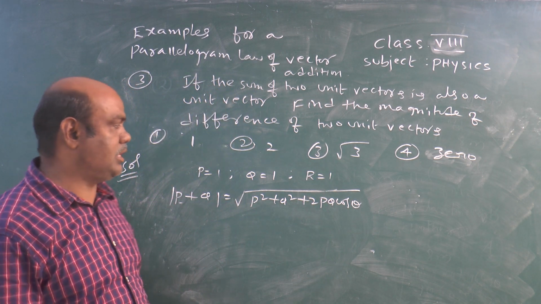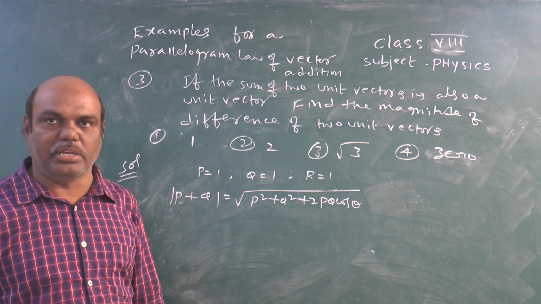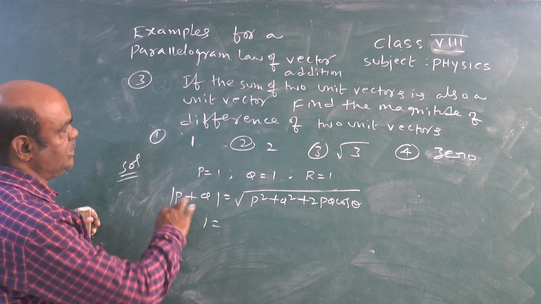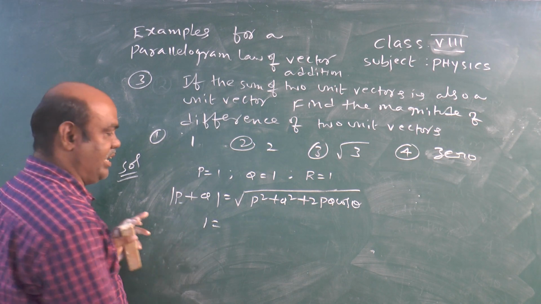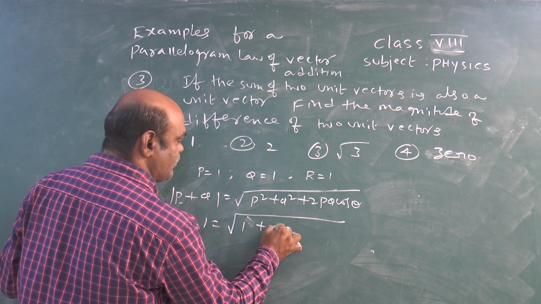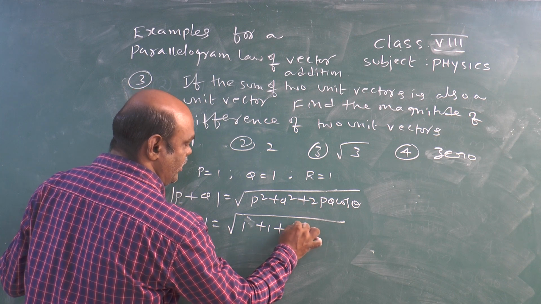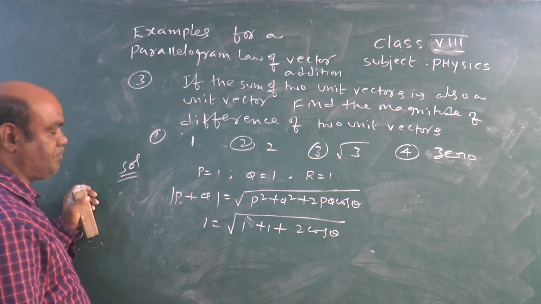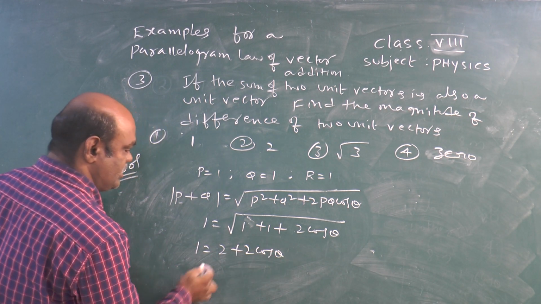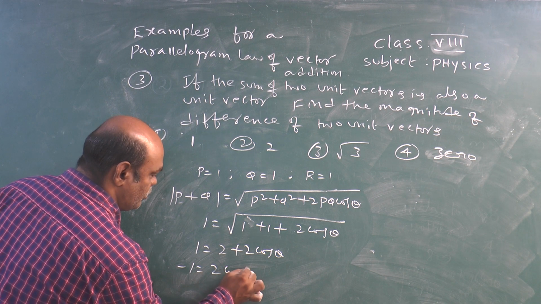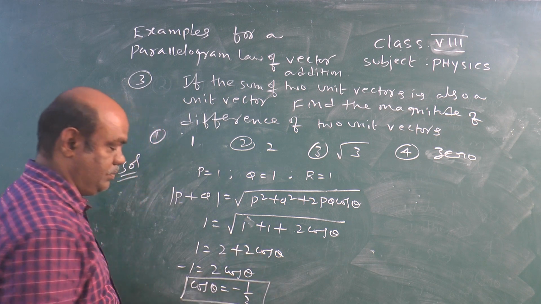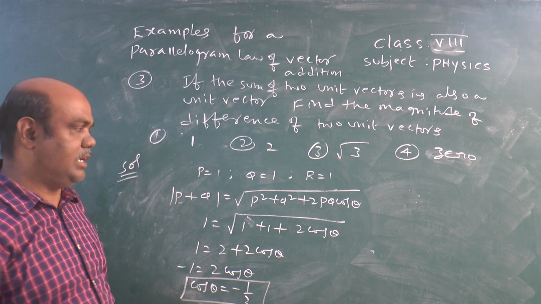Here that is 1 equals the square root of 1 square plus 1 square plus 2 into 1 into 1 cos theta. Squaring on both sides, 1 equals 2 plus 2 cos theta, so minus 1 equals 2 cos theta, so cos theta equals minus 1 by 2.